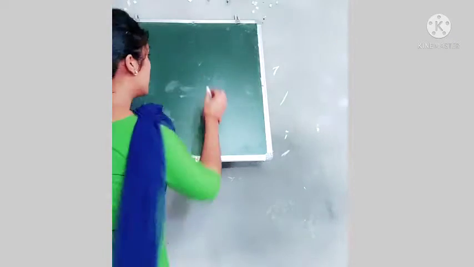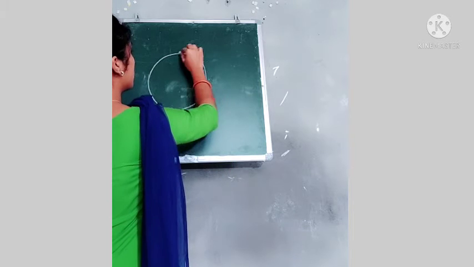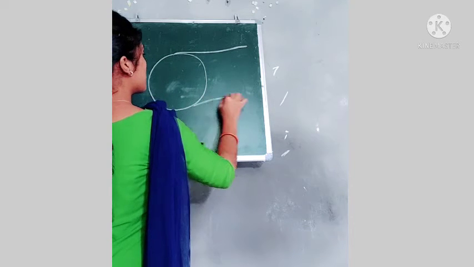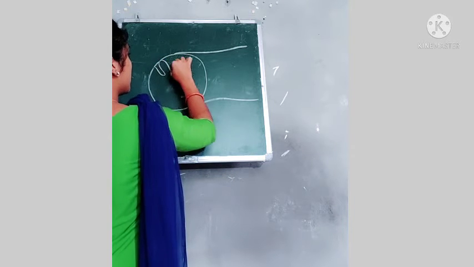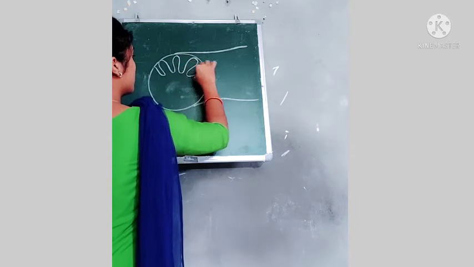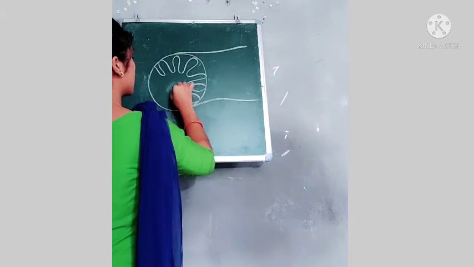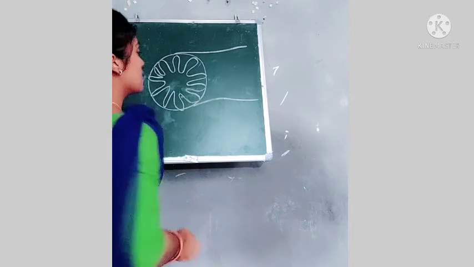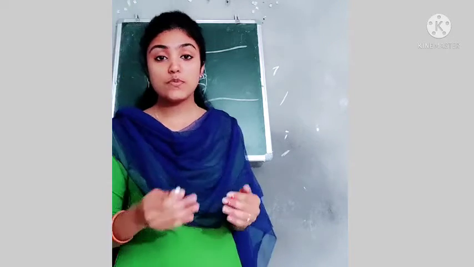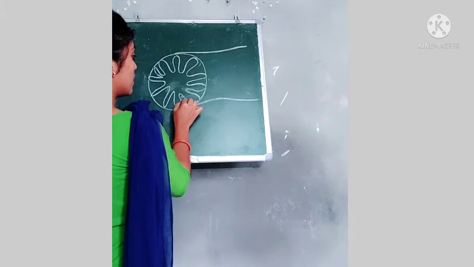So, I hope you are remembering the structure of villus. Just imagine this is a small intestine and you can see the villus just like this, finger-like projections. The absorption of simple nutrients takes place through here.